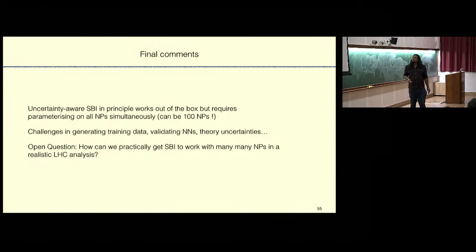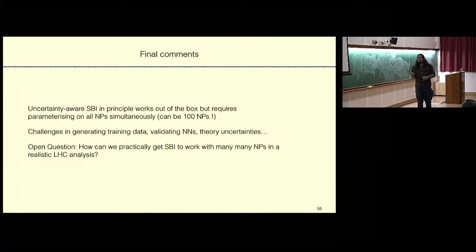Right. So the final comment on uncertainties is that for uncertainty-aware SBI, in principle, we have a way to do it. In practice, there's still more work to be done, and hopefully in a few years we will be able to handle an order of 50 or 100 nuisance parameters with SBI.